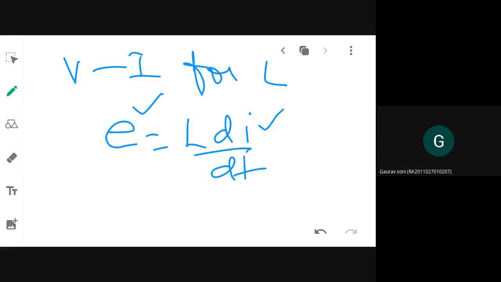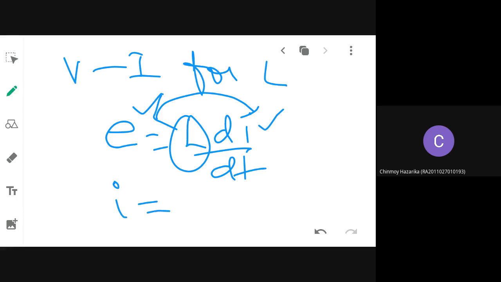This is the voltage current relationship for what parameter? Inductance. If you want to write I, what will you do? I is 1 divided by L into the integral of E dt. This is another way of writing the voltage current relationship for the inductor.